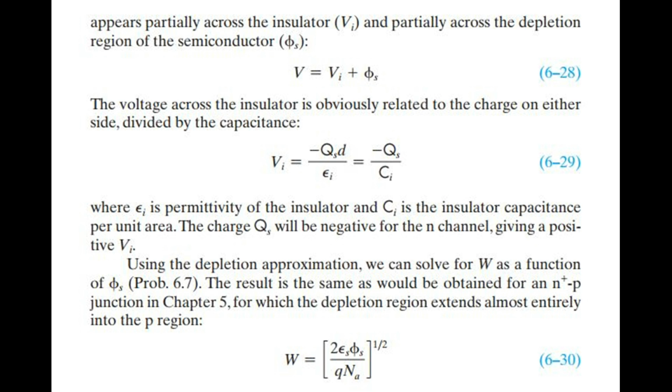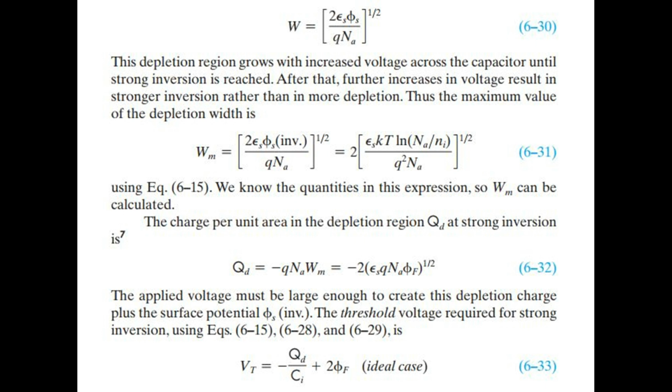The charge per unit area in the depletion region Qd at strong inversion is given by this expression. The applied voltage must be large enough to create this depletion charge plus the surface potential ψs,inv. The threshold voltage required for strong inversion, using Eqs. 6.15, 6.28, and 6.29, is given here. This assumes the negative charge at the semiconductor surface Qs at inversion is mostly due to the depletion charge Qd.